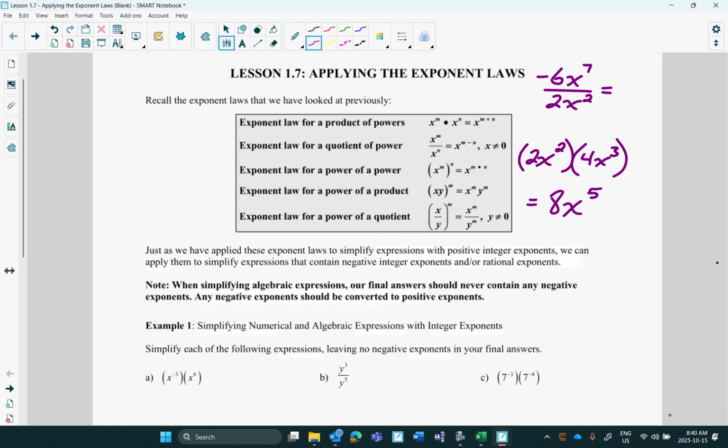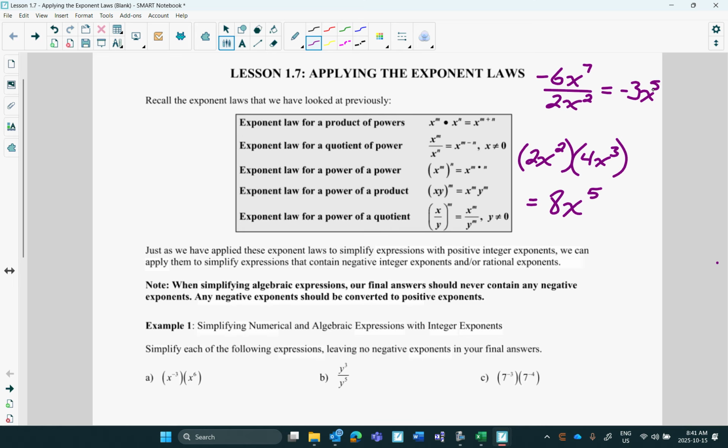Well, divide the coefficients, divide the numbers in front. What do you get? -3. Now, what is x to the 7th divide x squared? X to the 5th. We did tons of these last year, and we reviewed them this year.